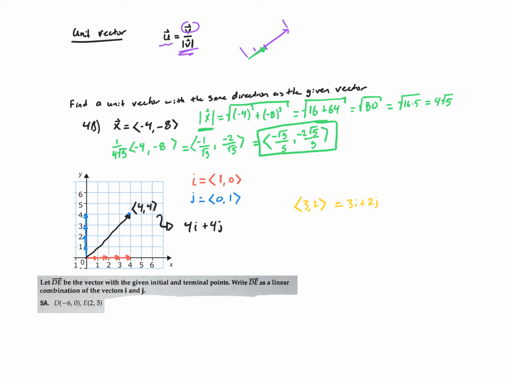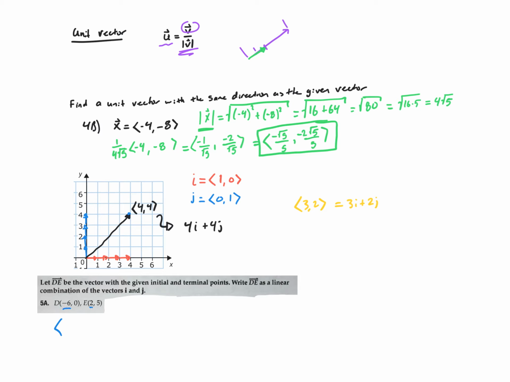All right, so here are the instructions. They say let DE be the vector with the given initial and terminal points. Write DE as a linear combination of vectors i and j, so of these ones. So the first thing we want to do, something we were already doing, is write this in component form.